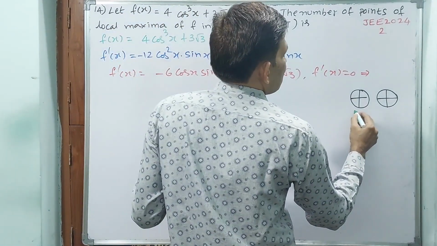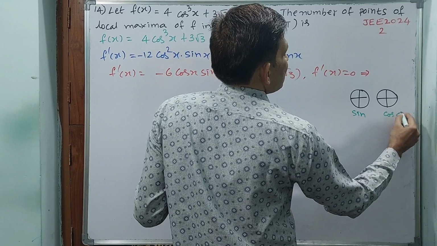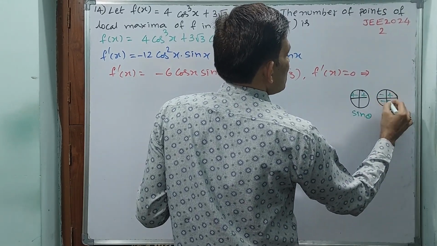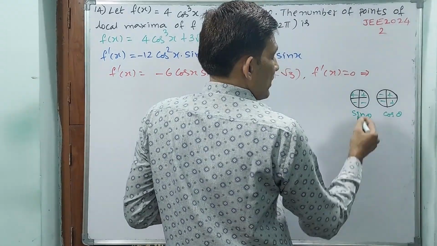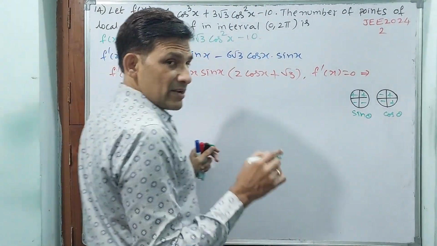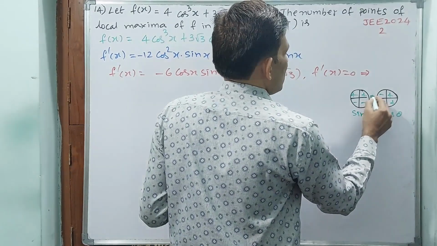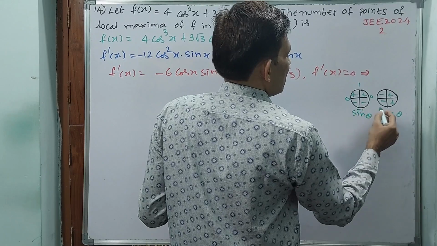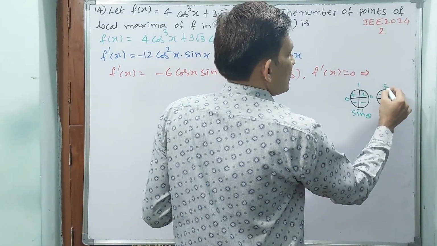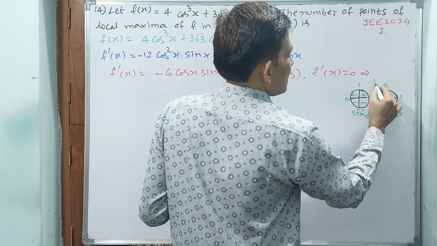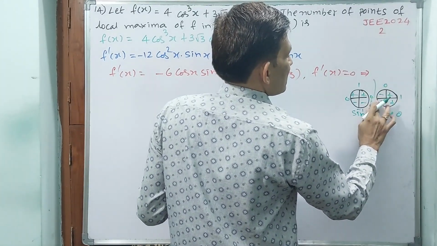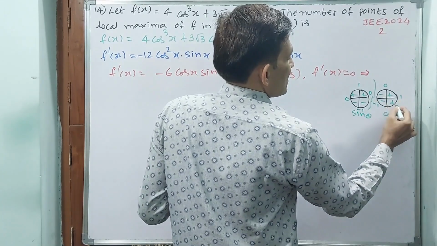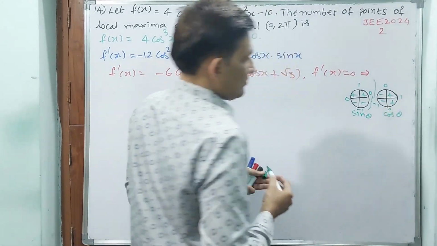For sin and cos, these two quadrants are positive and these two are negative. I am writing the values: sin is 0, 1, 0, minus 1; cos is 1, 0, minus 1, 0.